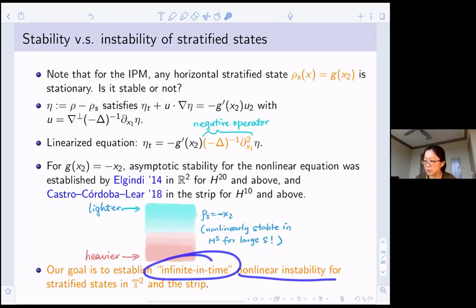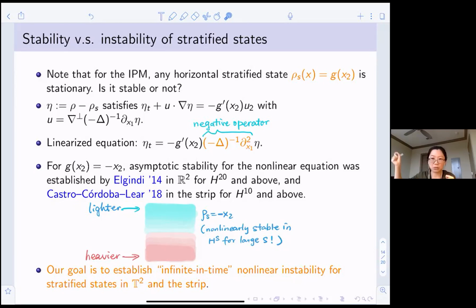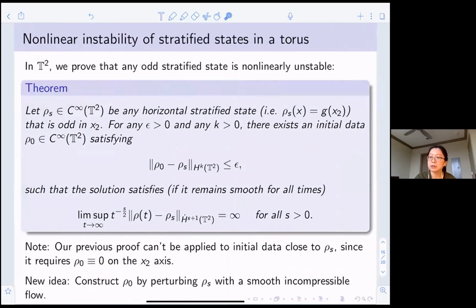And as we will see, this nonlinear instability is infinite in time, in the sense that the difference between the dynamical solution and the steady state is actually growing to infinity as time goes to infinity. So our first result deals with the nonlinear instability in a torus. We prove that any odd in x2 stratified state is nonlinearly unstable.